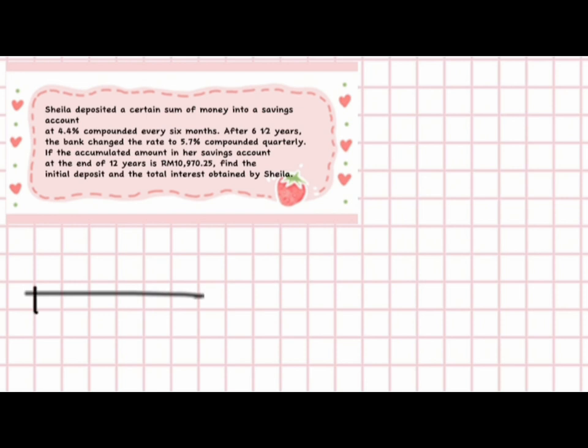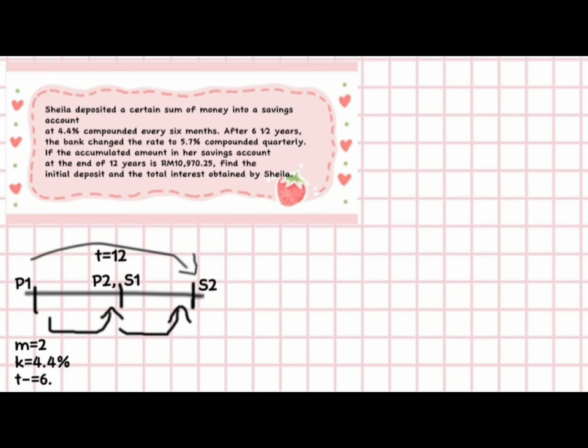For P1 to S2, T is 12 years. For P1 to S1, M equals 2, K equals 4.4%, T equals 6.5 years. For P2 to S2, M equals 4, K equals 5.7%, T equals 5.5 years.